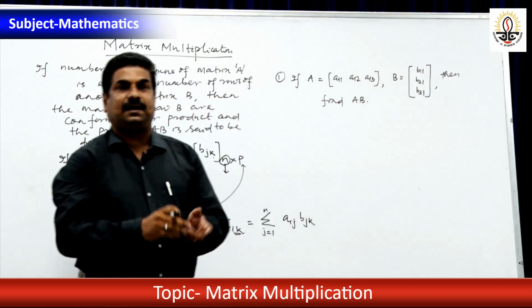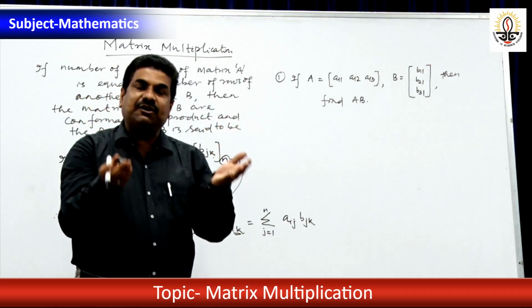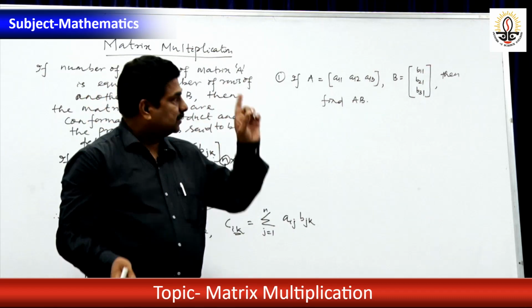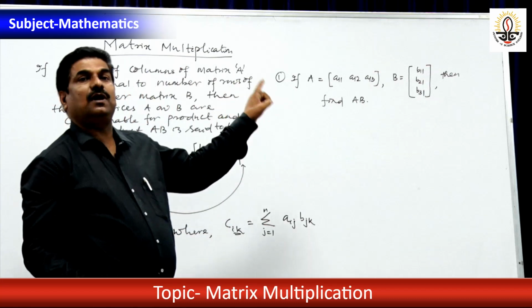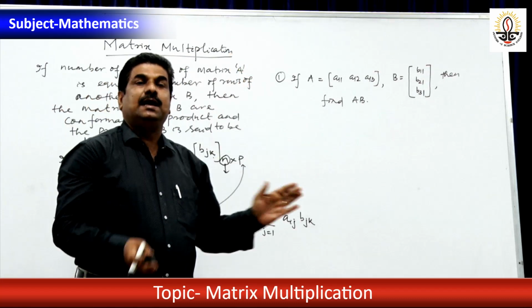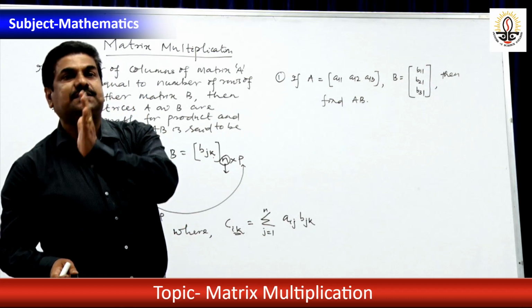First we have to check whether AB is defined or not. That means the number of columns of the first matrix should equal the number of rows of the second matrix.